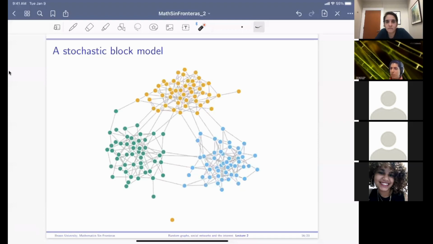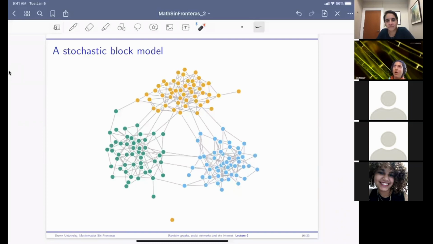Do you have any idea what the expected degrees are in each community? Do you remember? No. Yes, this time I got ahead. On average, each vertex is connected to 5 other vertices of its community, and on average each vertex in a community is connected to about 0.1 vertices of any other community.